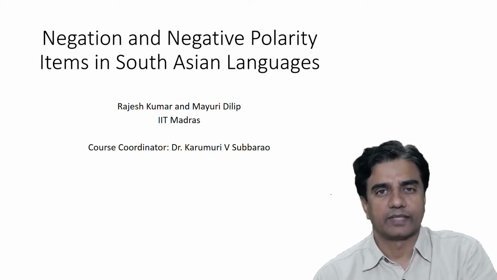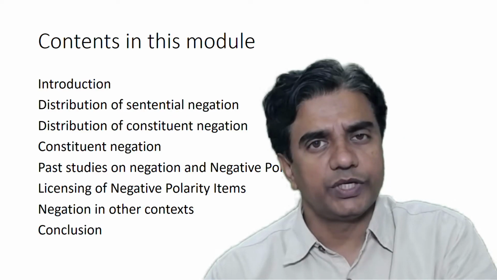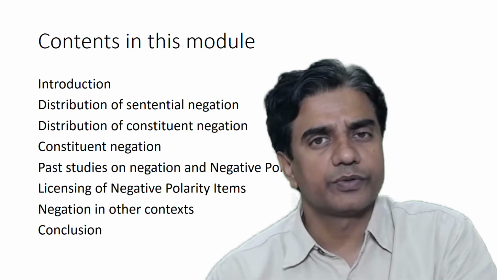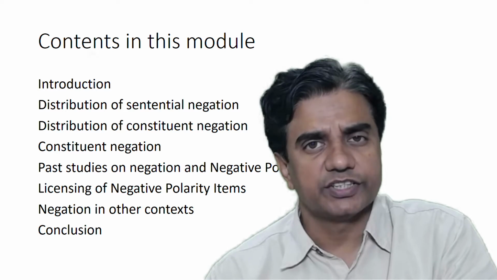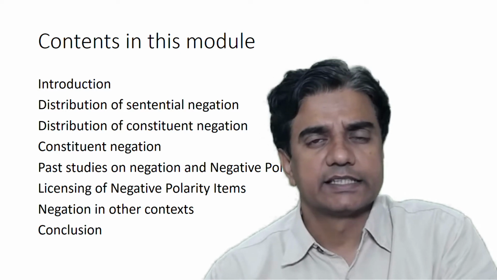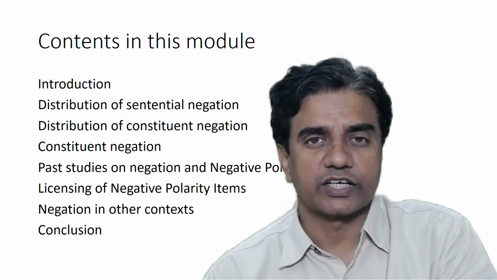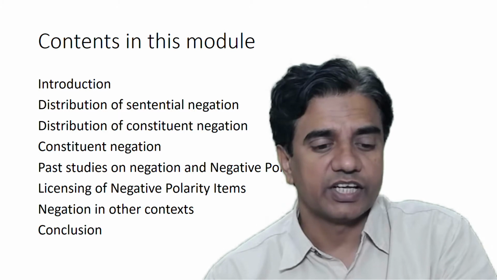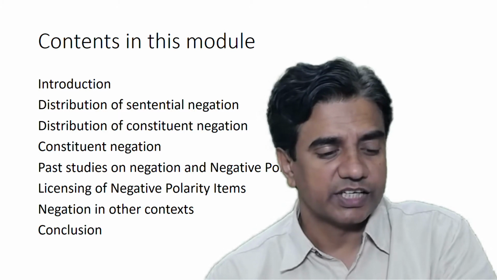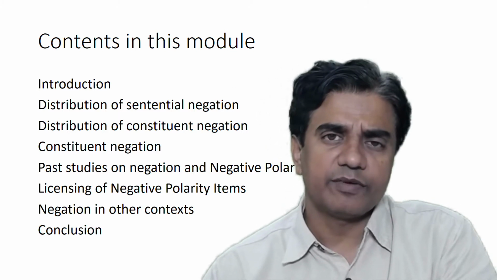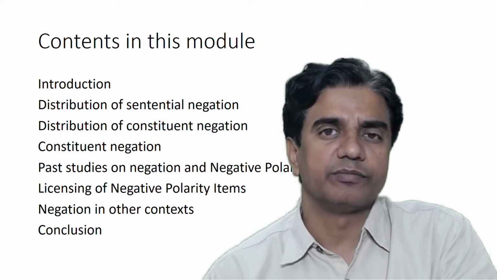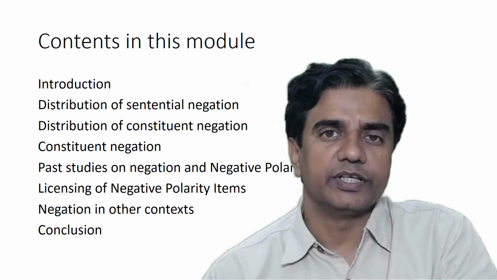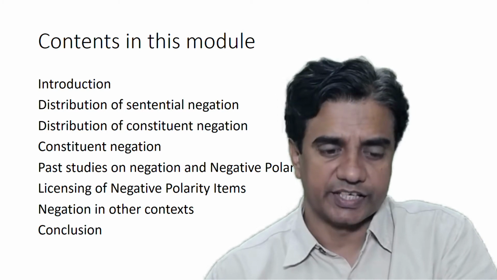And this is our goal for today, to understand it with particular reference to some select South Asian languages. In this unit, we will talk about the distribution of negation, that is, how it works across sentential negation and constituent negation, and we'll take a review of some of the work done by various people in the domain of negation as well.